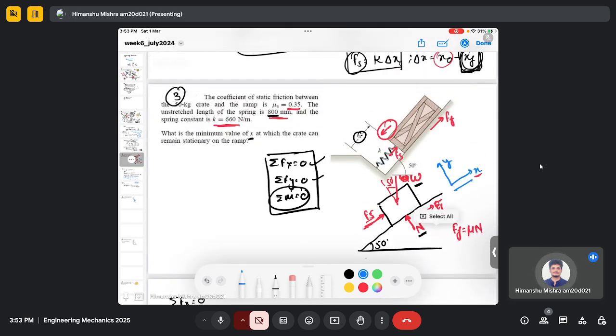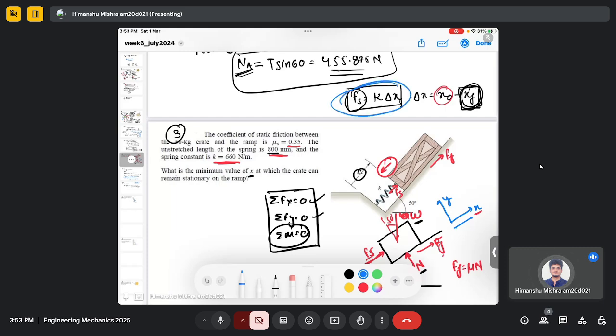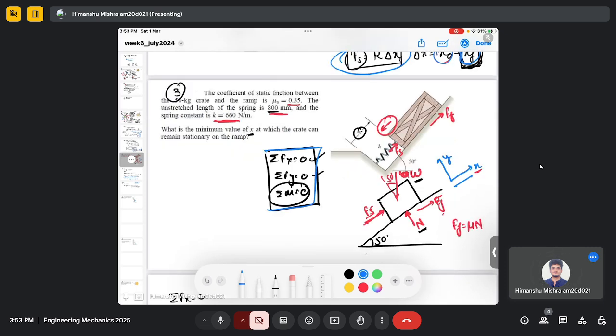So just to recap here, in this question we have given the spring force, and we know that the spring force can be determined by this relation K delta x, and delta x is the difference between original spring length minus final spring length, and we need to calculate the final spring length in this problem. So we use the same concept.